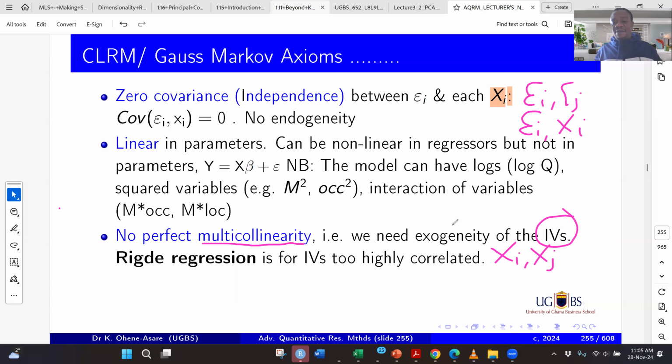So let's take a variable like experience and education. Suppose that in your company, it is said that anytime you get 5 years of experience, the company will give you a full scholarship to go and do your PhD.